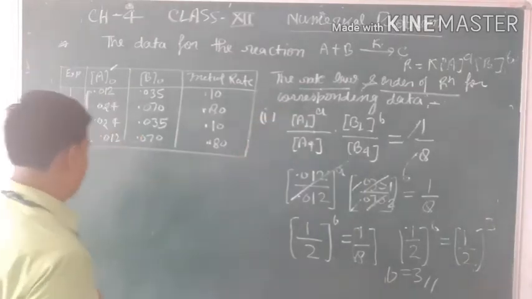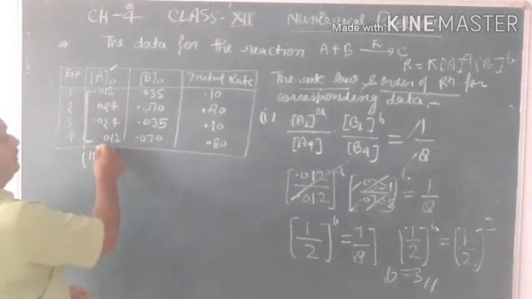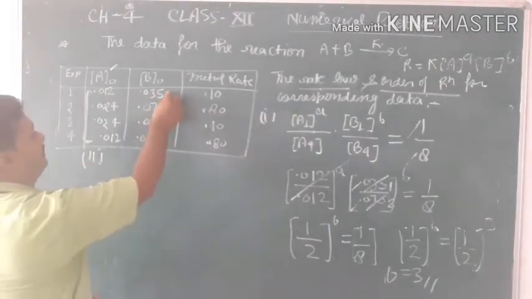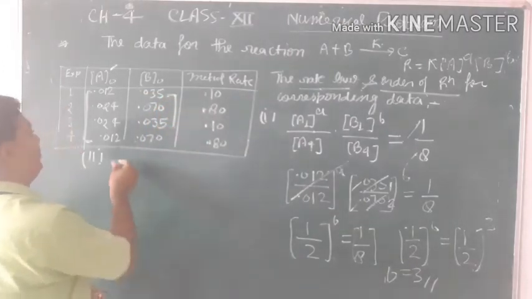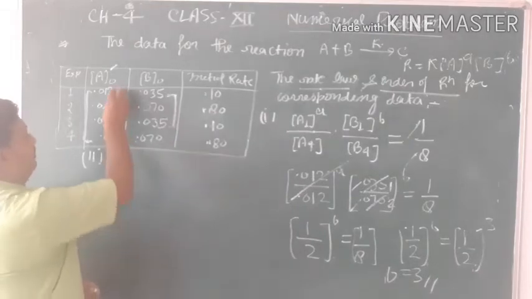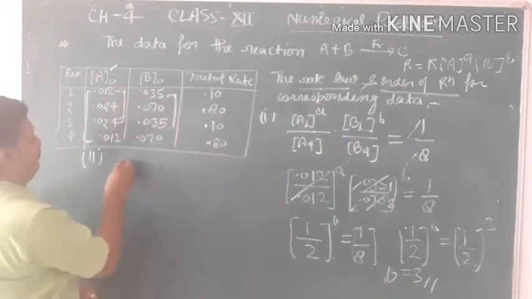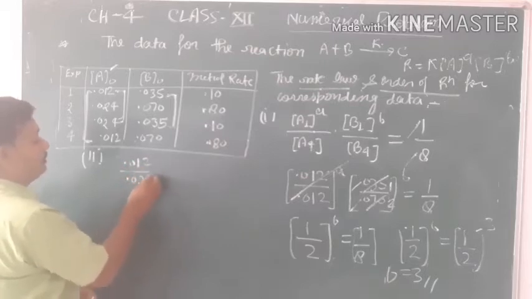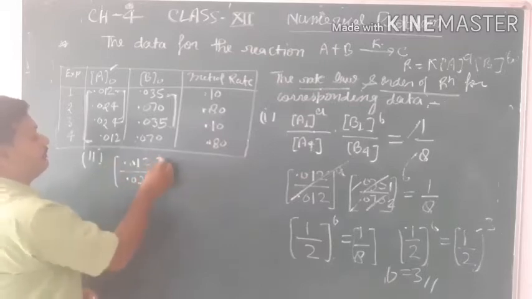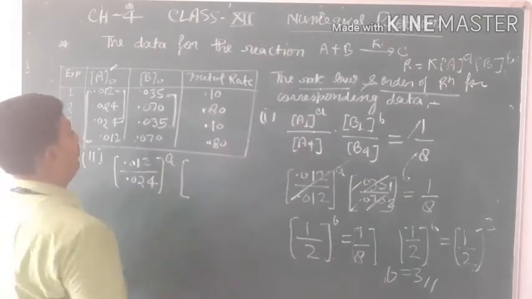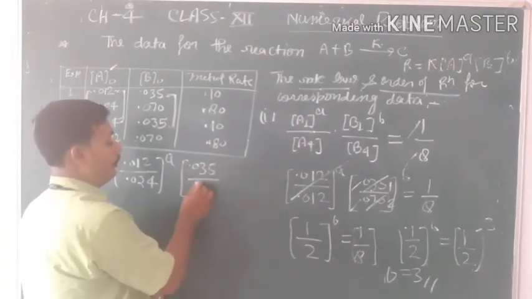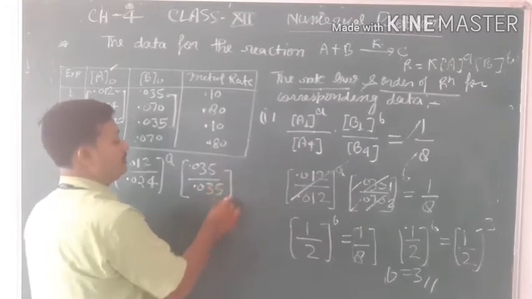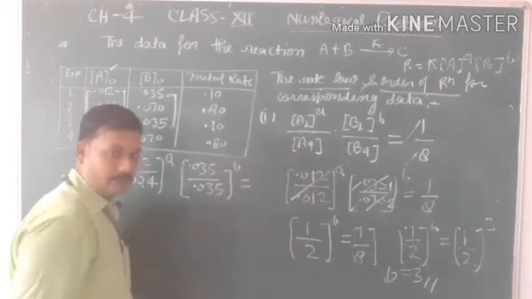Now the second step. Here, similarly, we can take this. Okay. So now we write here 0.012 upon 0.024 to the power a and 0.035 upon 0.035 to the power b.